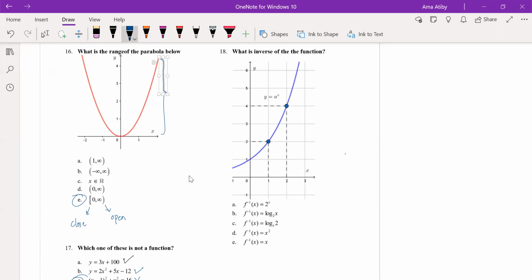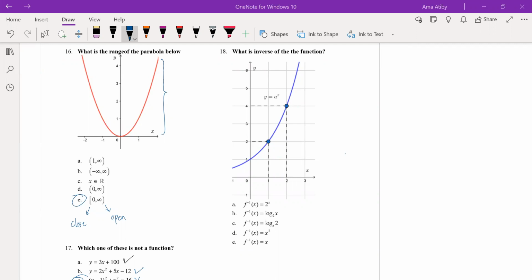Next, question number 18. We have the exponential graph here. So this will be the last question.